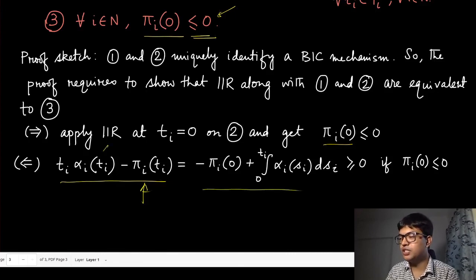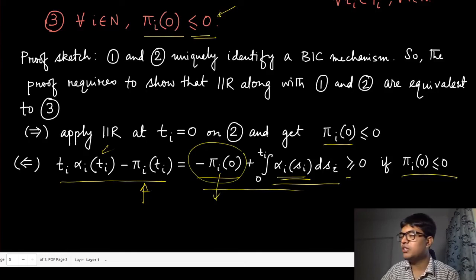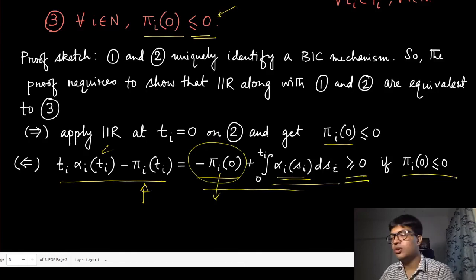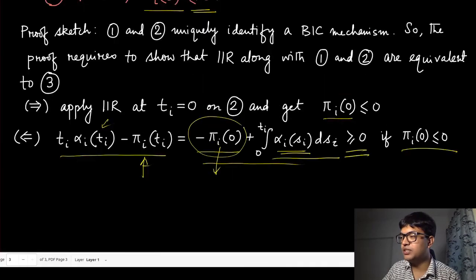Because this term will get cancelled out, what we will be left with is minus of pi i 0 and this integral part, and we know that this is a probability distribution, so therefore the integral is going to be non-negative, and pi i 0 we already know is non-positive, so minus of that will be non-negative as well, and that will be greater than or equal to 0. So this is certainly an IIR thing. Alright, so we have actually proved this lemma as well. We will use these results appropriately when we are trying to find the optimal mechanism which maximizes the revenue.